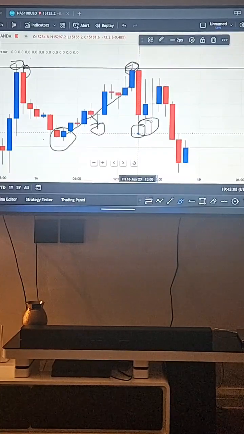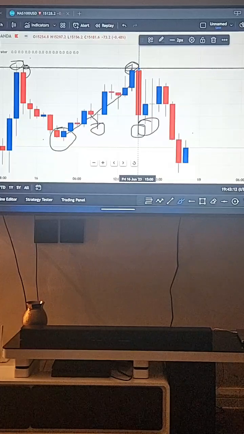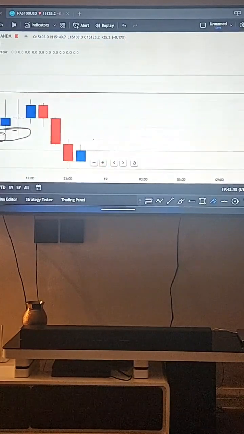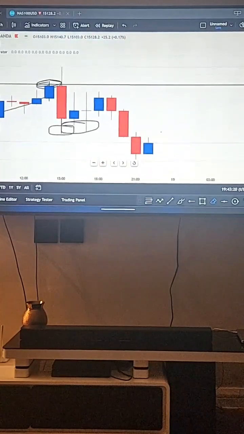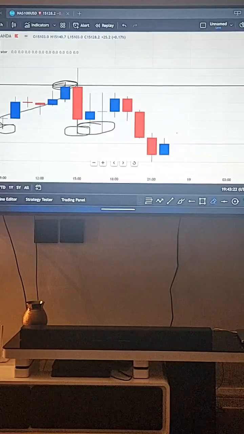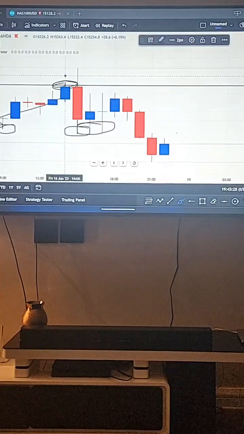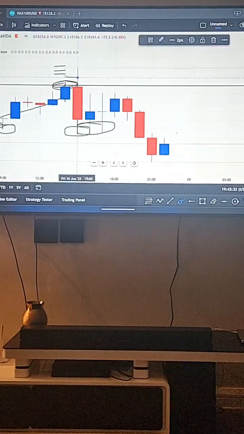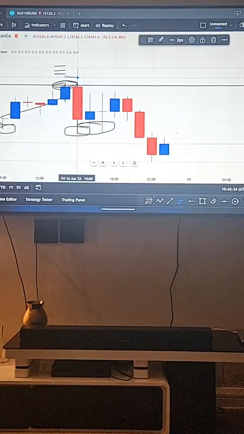Then price comes up. What does it do? It then wicks. If we look carefully over here, you can see that massive wick over there to make sure that anybody who was trying to sell over here, had they stopped maybe over there, or over there, or over here, was taken out.